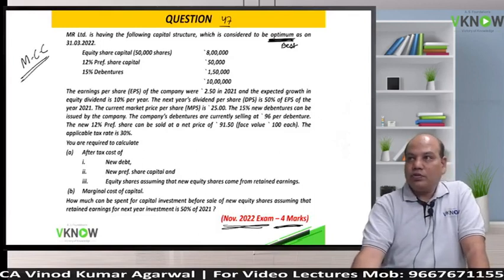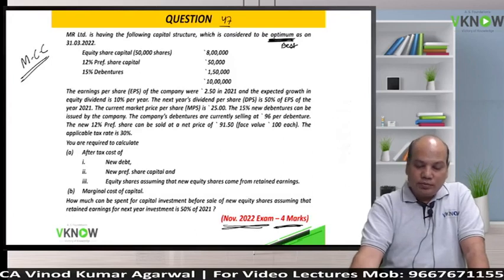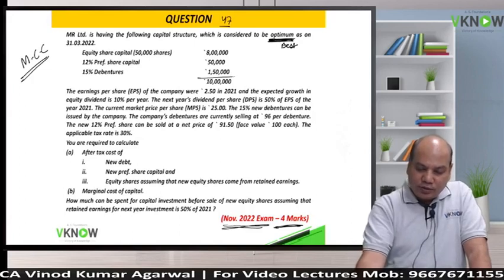As on 31st March 2022, equity share capital 50,000 shares, 8 lakh, 12% preference share 50,000, 15% debenture 1,50,000, total 10 lakh.